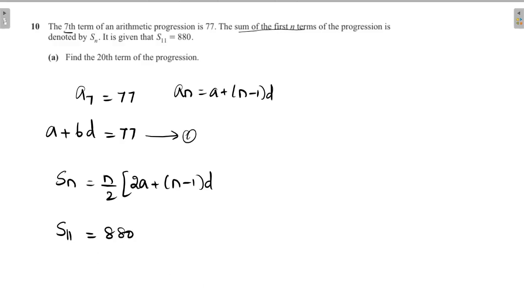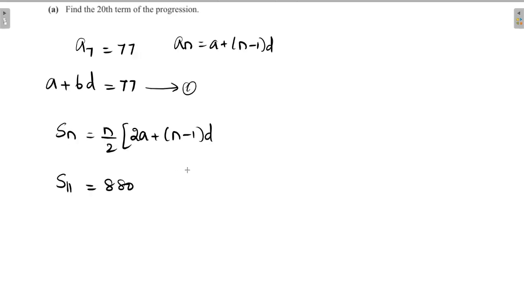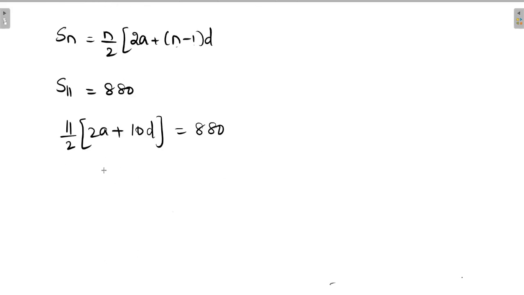Now replace n equal to 11 in the formula. So S11 equals 11 by 2 times 2a plus 11 minus 1, which is 10d, which is equal to 880. Now we can simplify this equation.